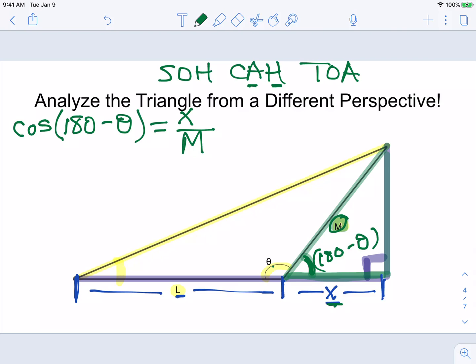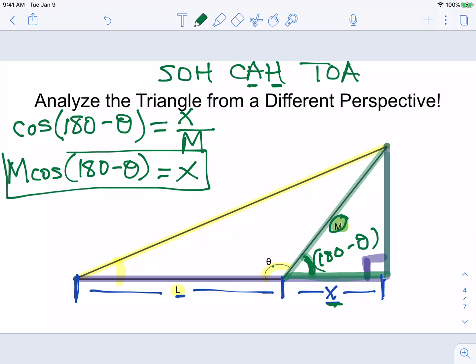So if I want to solve for x, I want to get x by itself. I'm going to multiply both sides of this equation by capital M, and I end up with M times the cosine of 180 degrees minus theta equals x. And right there, I'm able to do a calculation.